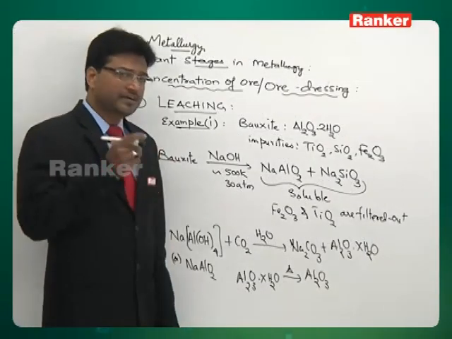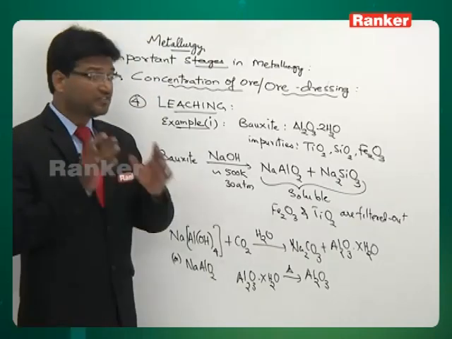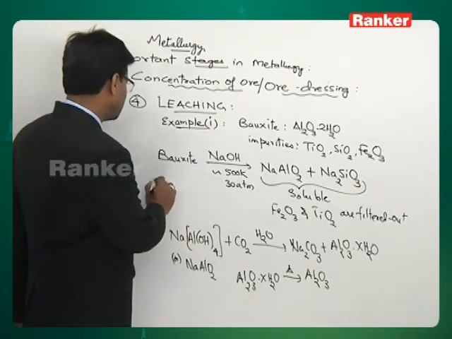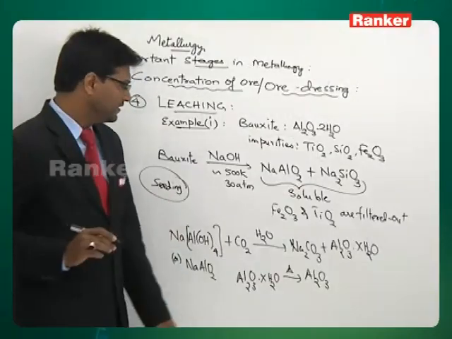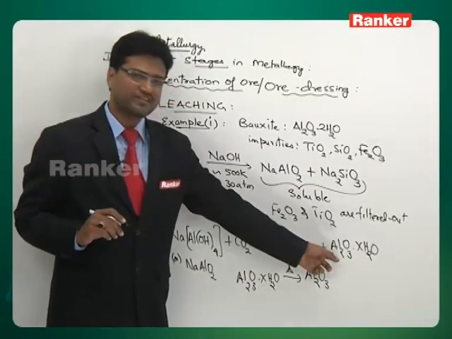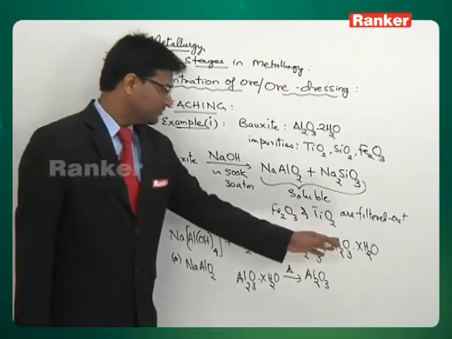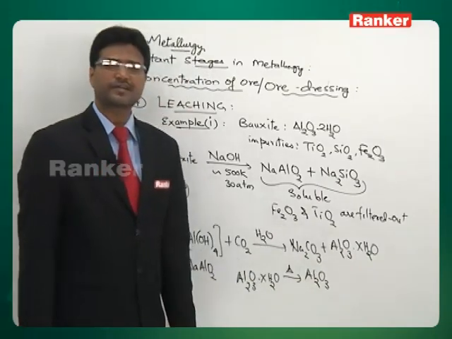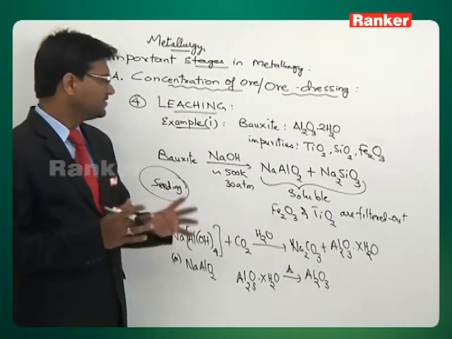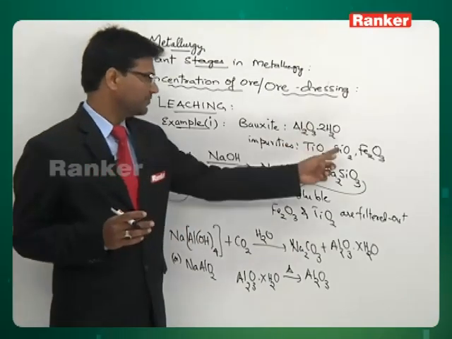And moreover, during this process we add a crystal of Al2O3 which acts as a seed. It is called seeding. We add a crystal of Al2O3 which will speed up formation of more Al2O3 in the solution. This is filtered out and then it is ignited to get pure Al2O3. So this is an example of leaching. We have exploited this nature of these two substances.